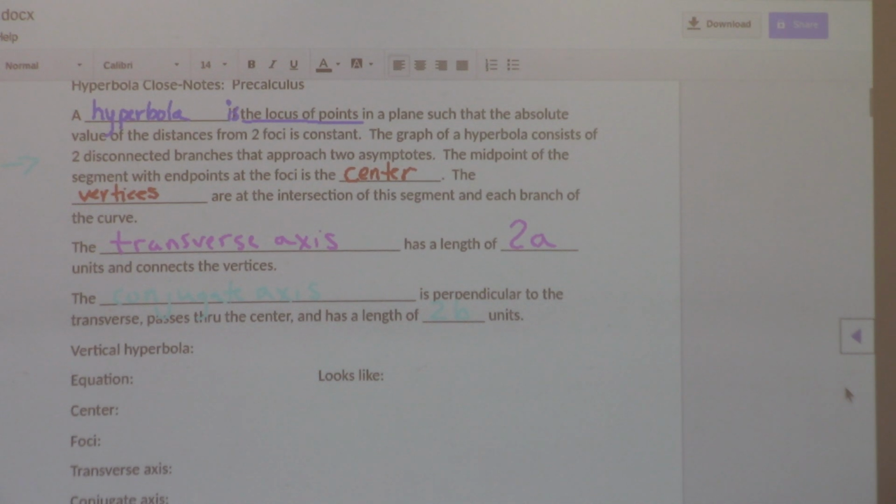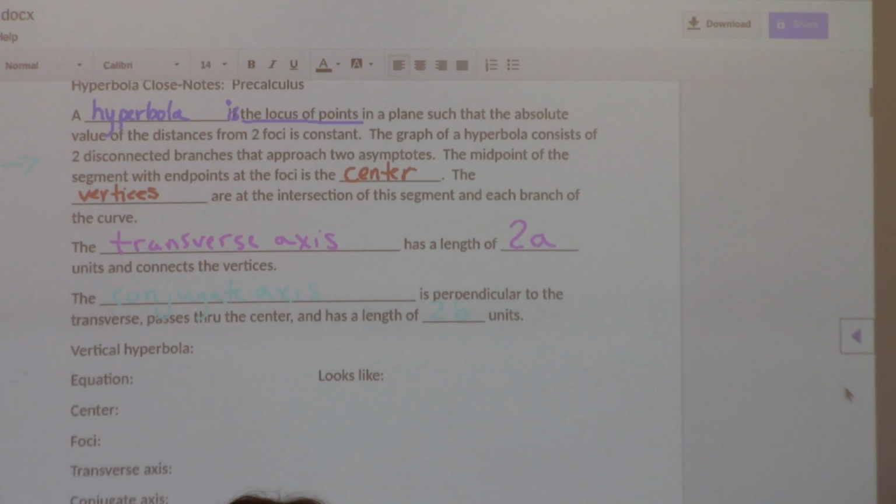All right. Now, we need to talk about something here, and I'm going to use a different color to show you. If you go through the vertices over to the asymptotes on both sides, this way and this way, and you go down, look what you get.